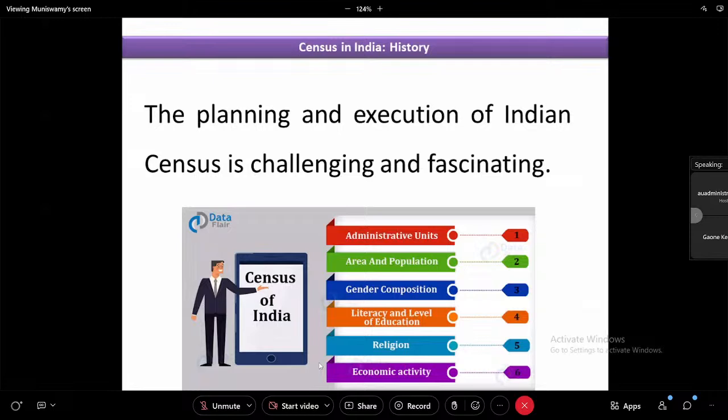Then area and population: what is the population of South, East, West, North India? Then gender comparison: what is the ratio of males to females? Then literacy and the level of education, which is also a very big challenge in our country. What is the literacy rate?